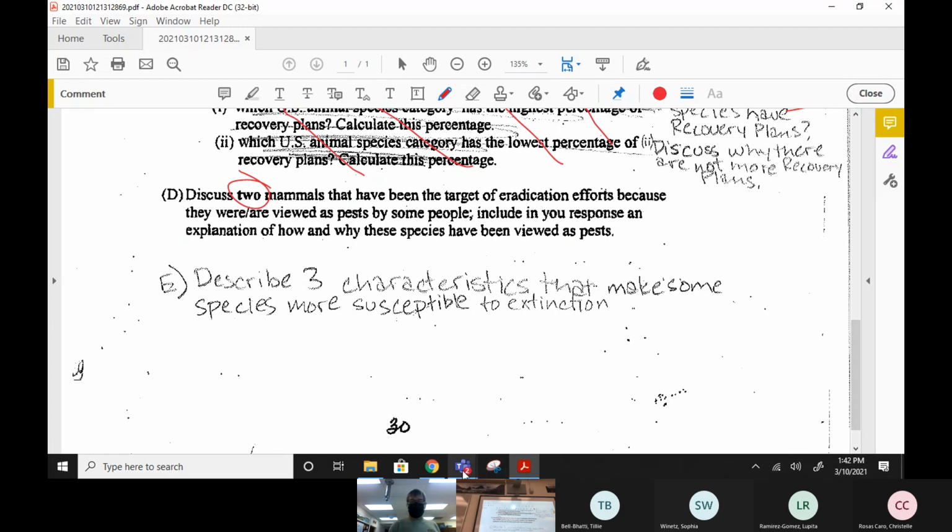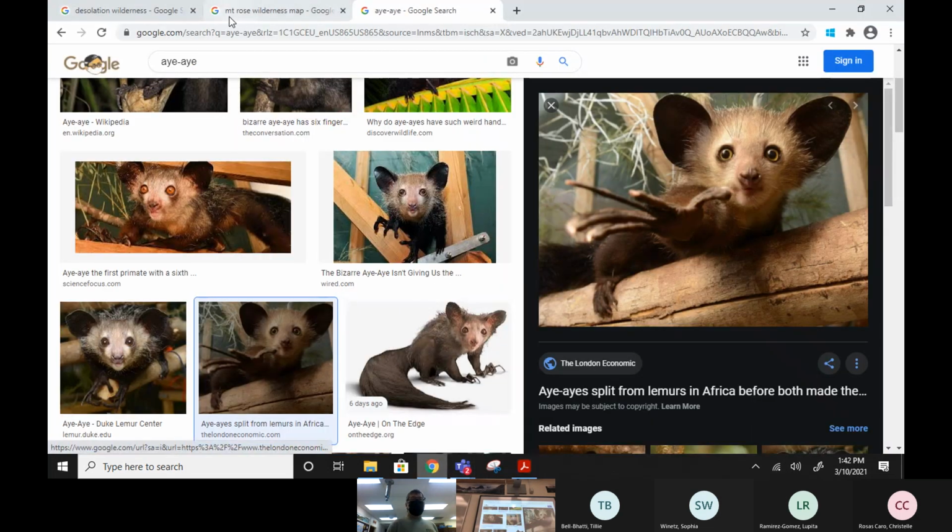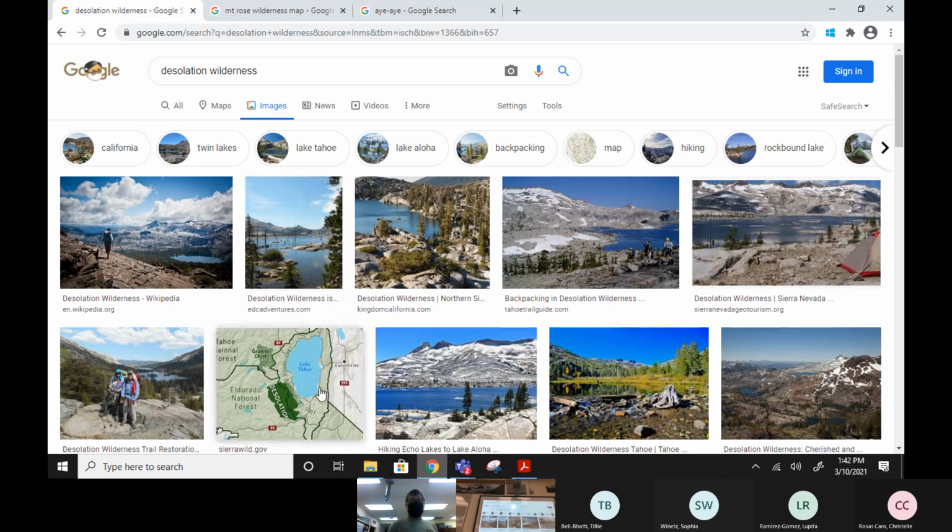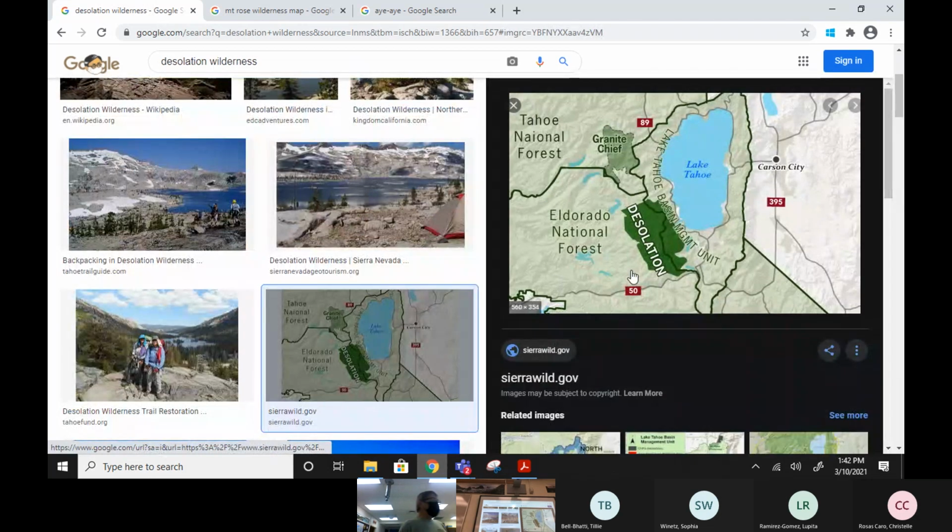So wilderness, new topic. There is a wilderness area to the southeast of Lake Tahoe. There's another one to the southwest and another one in the northeast, right near us. I've been in all 3 of these wilderness areas. The one I keep going back to is the Desolation Wilderness.